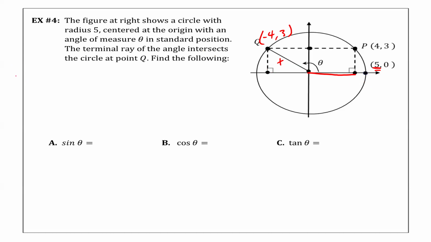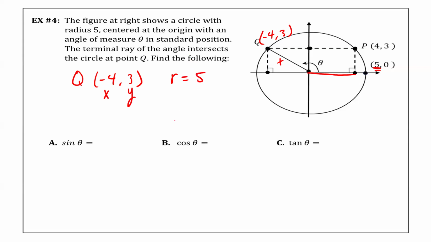So I'm going to identify everything that I know. My terminal point is Q. Q is at negative 4, 3, which means my X is negative 4 and my Y is 3. It also told me that my radius equals 5.